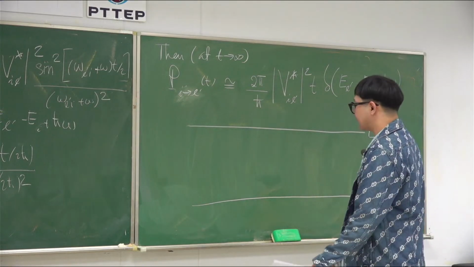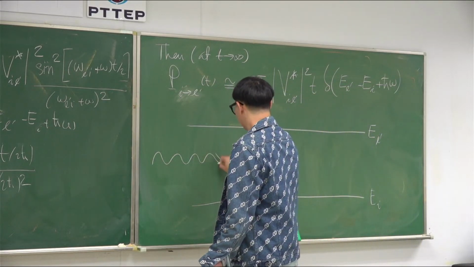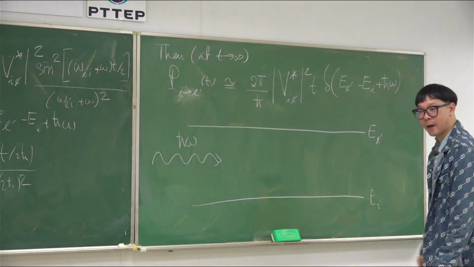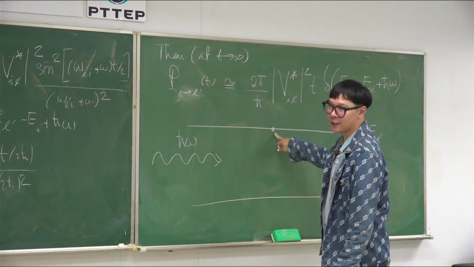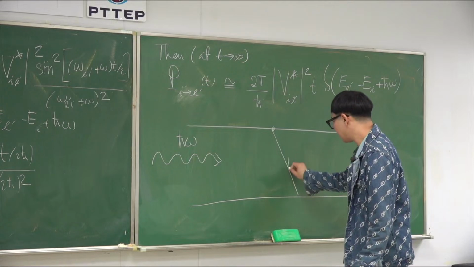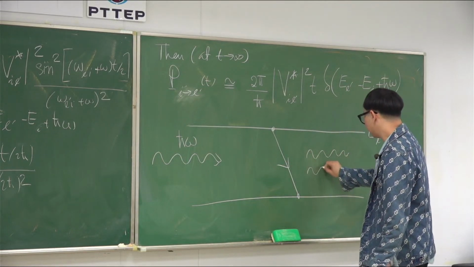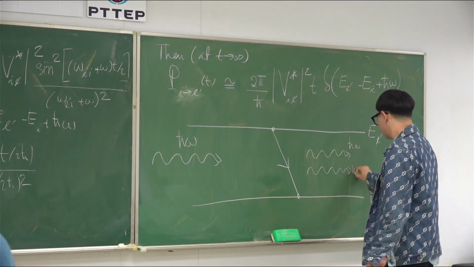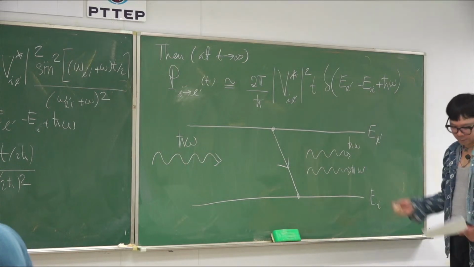Okay, for this situation, you put exactly the same bunch of energy into your system, but what happens is that your system at the excited state will get down, right here, and release two bunches of energy, okay, because you get a minus sign there.